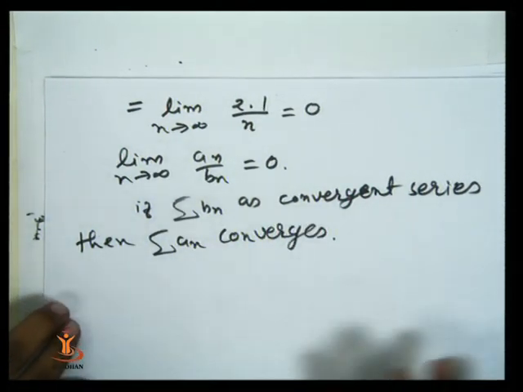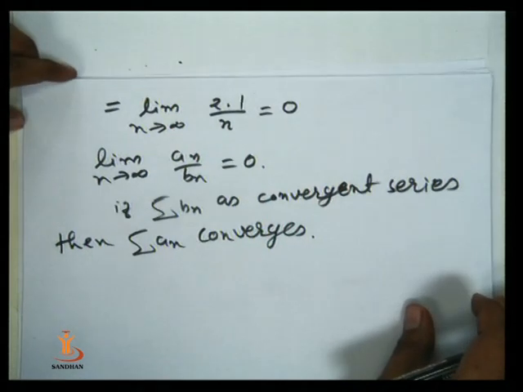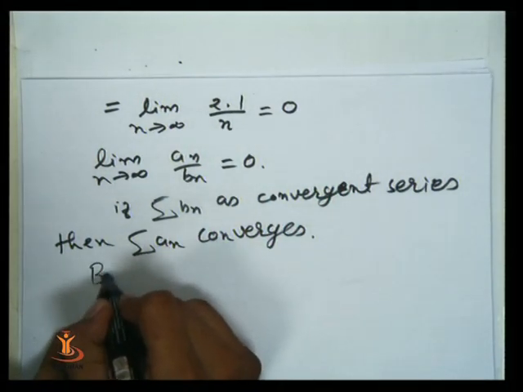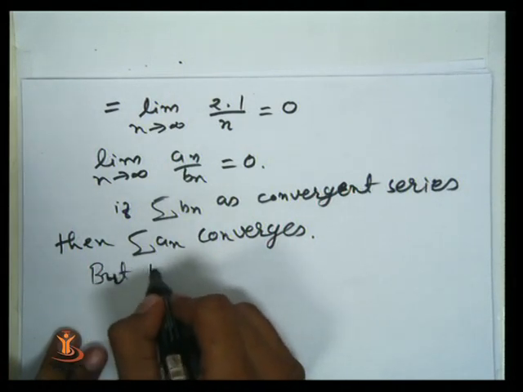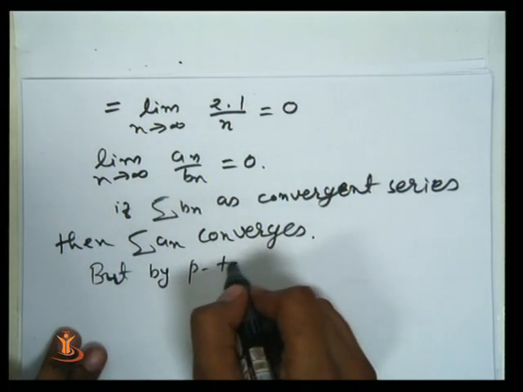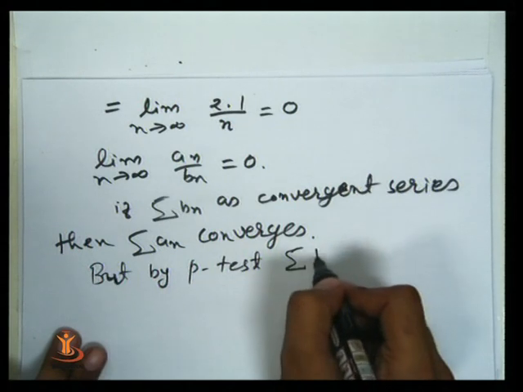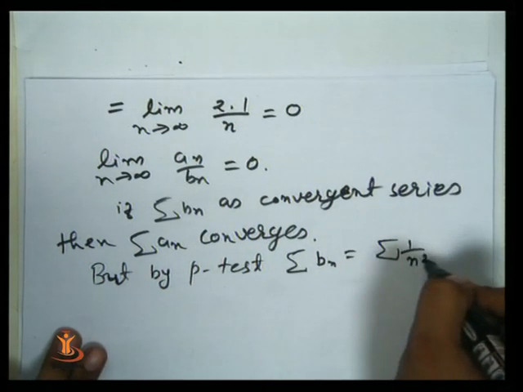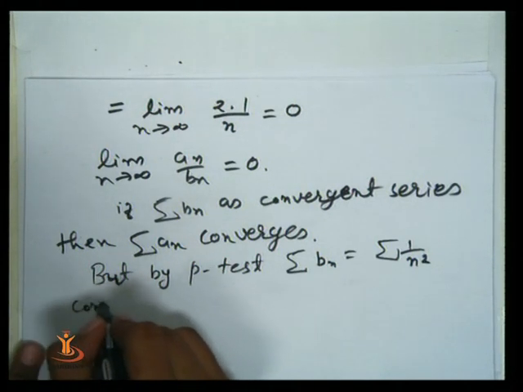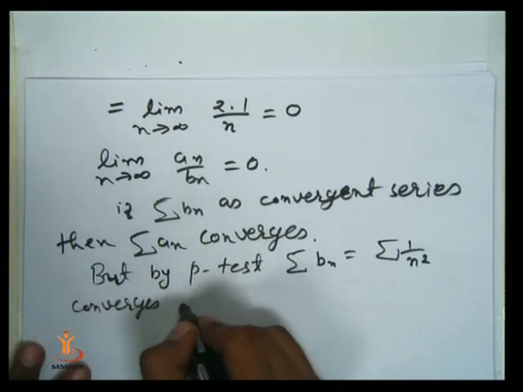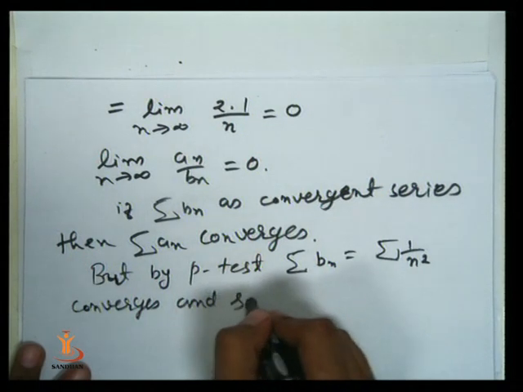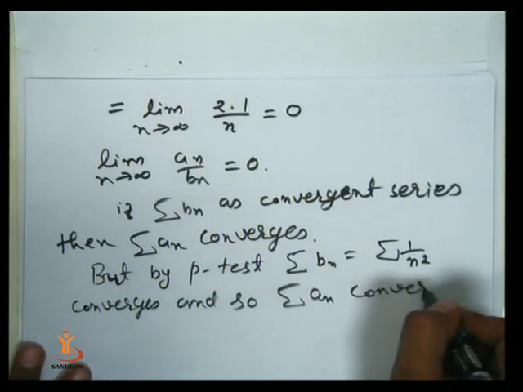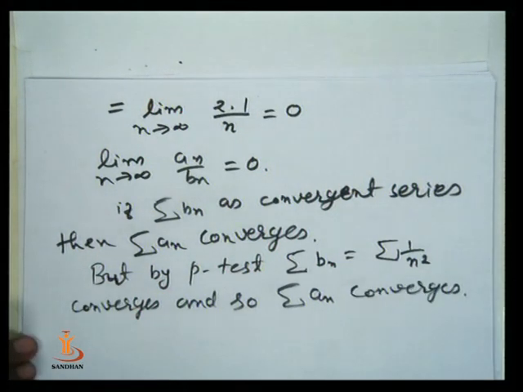So if the denominator series converges, then summation an, that is the numerator series, will converge. But by the p-test, summation bn, that is summation 1 upon n square, converges, and so summation an converges by the limit comparison test.